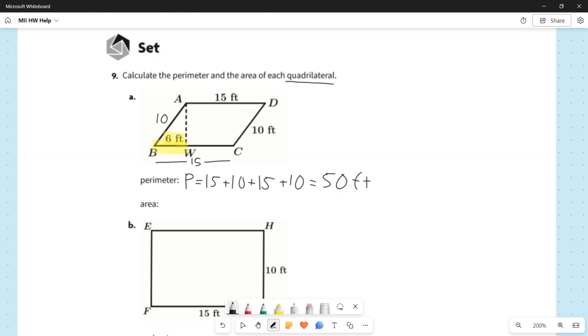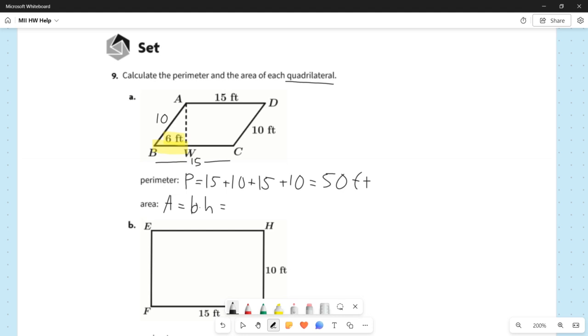For area, if we assume that this is a parallelogram, my formula for area is base times height. What's important here is that your base and your height have to be perpendicular. They have to form a right angle.